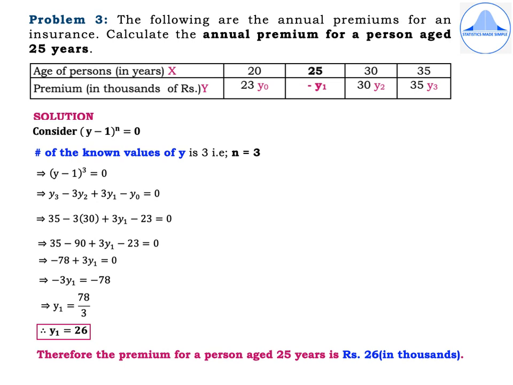Simplifying, you get minus 78 plus 3y1 is equal to 0, or minus 3y1 is equal to minus 78, or y1 is equal to 78 divided by 3, or y1 is equal to 26. Therefore, the premium for a person aged 25 years is rupees 26 in thousands.